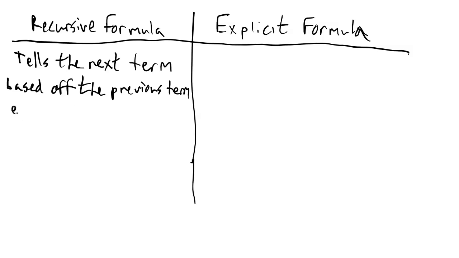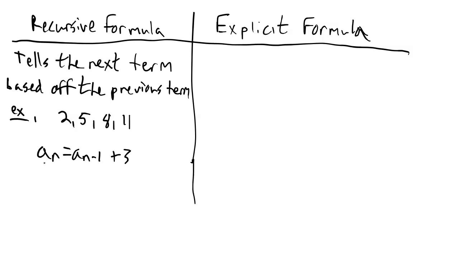So let's say we were looking at a sequence here. Let's say it was 2, 5, 8, 11. What's happening? We're adding 3 each time. So we're going to say that the nth term will be equal to the term 1 before it, and then what are we doing to get to the next one? We're adding 3.